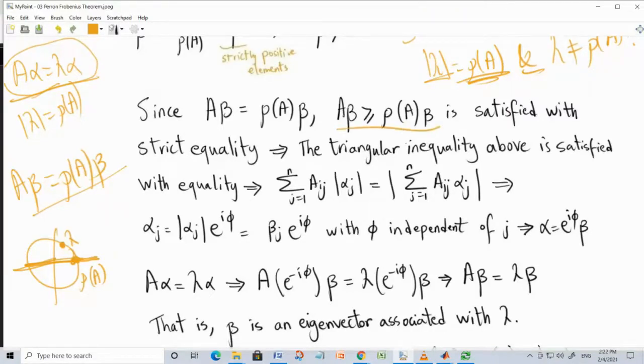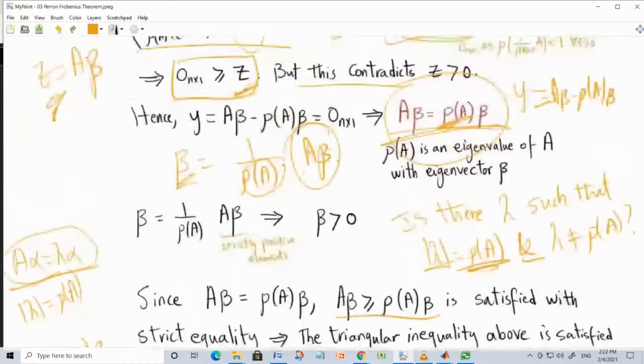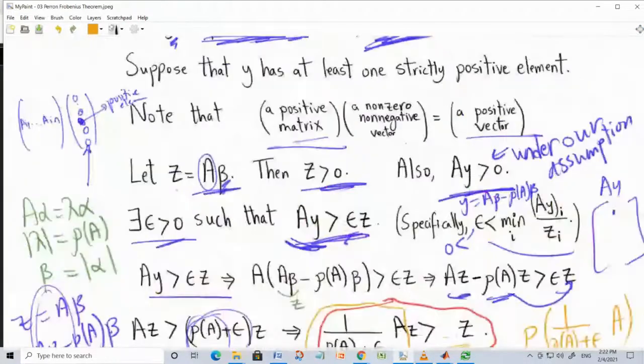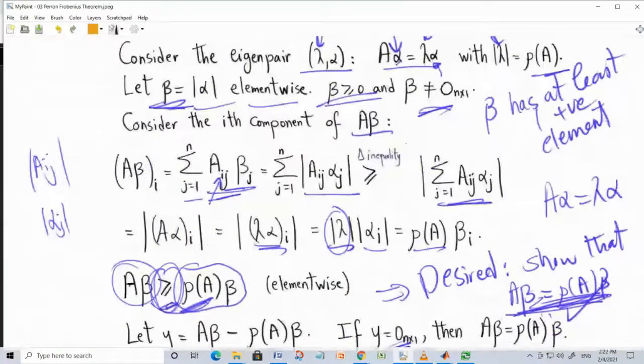One step above, we established A beta greater than or equal to rho of A beta. Remember this? We got the inequality by one application of the triangle inequality, right? We constructed vector beta, we investigated the ith element in A beta, and then we applied the triangle inequality once, and this is what led to A beta greater than or equal to rho of A beta.